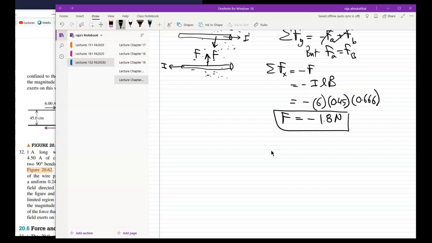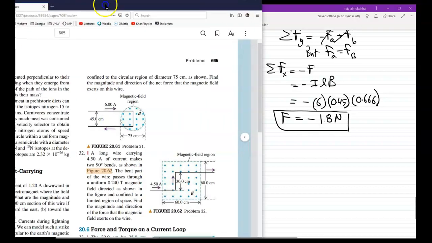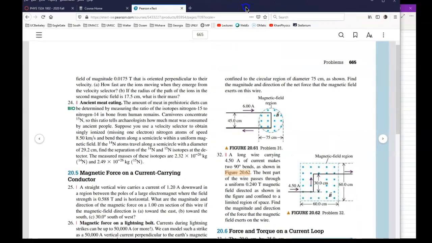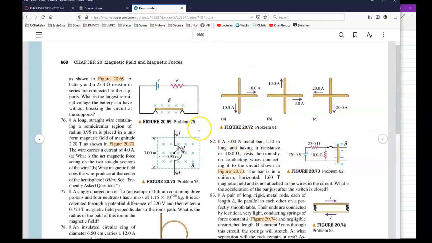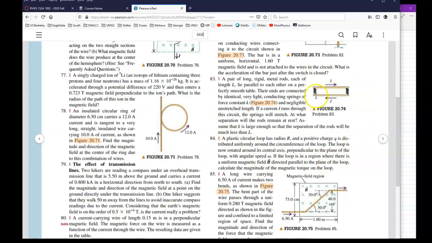Let me show it to you here. 83, page 668. Right here, okay, 83 right there. I believe it's not homework.